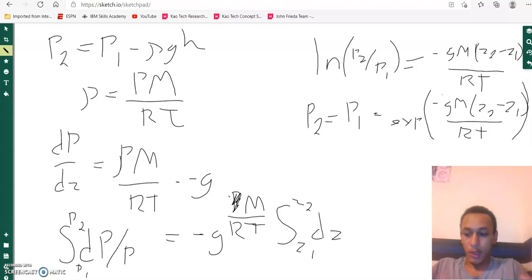And then now we have the pressure. So relating this to pressure, we have P2 is equal to P1 times the exponentiated term.